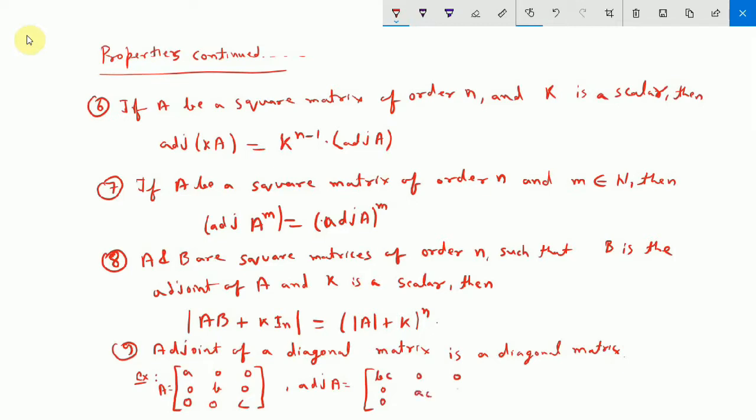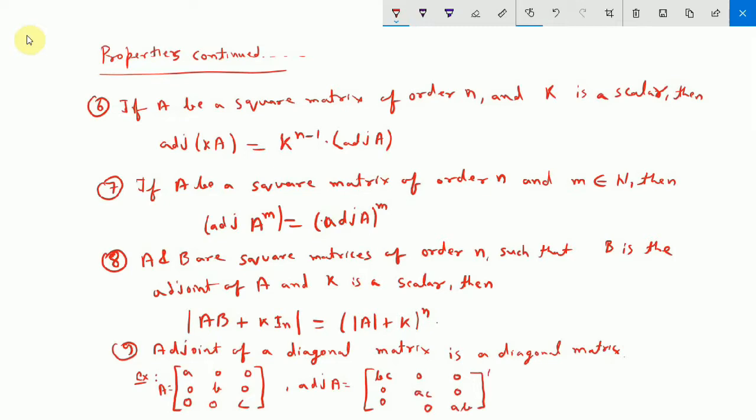This will be AC, and third row, third column will be A into B, and the power will be minus 1 to the power 6, which will be positive.